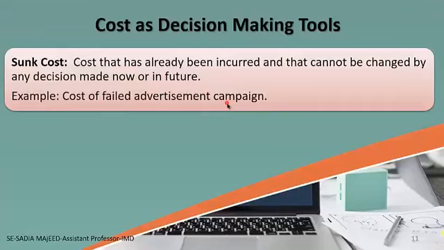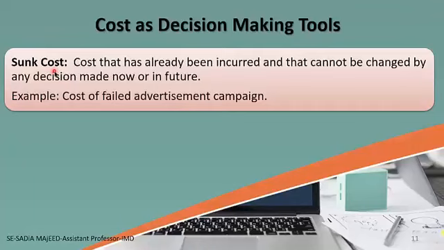You initiate an advertisement campaign, but that campaign ends in failure. Then the cost you have paid or invested for that advertisement campaign cannot be recovered by any future decision or any future planning. That means the cost of that advertisement campaign would be sunk cost.